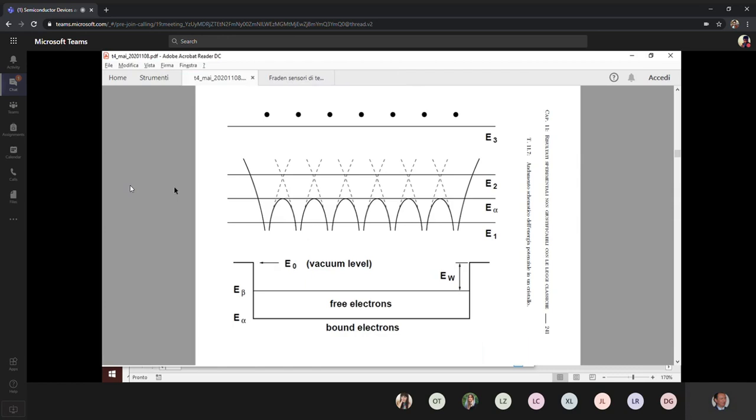So this is a very naive picture of a crystal, but just to remember some concepts. On top you see the linear monatomic chain of atoms. Then if each of these atoms was alone, it would be the origin of a potential energy that is of the hyperbolic type.